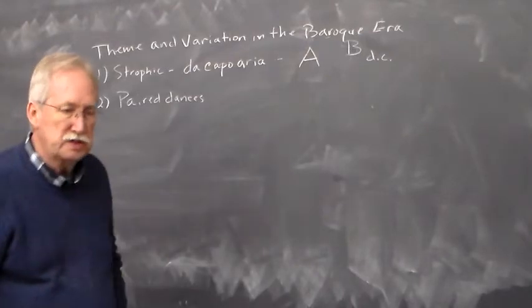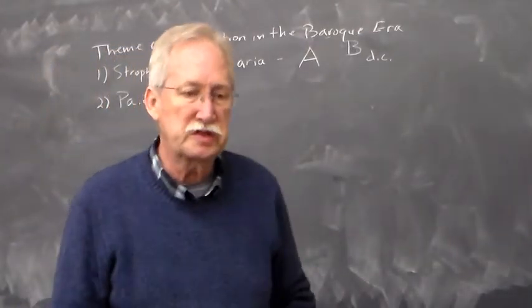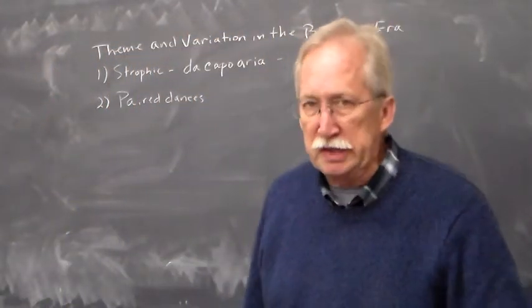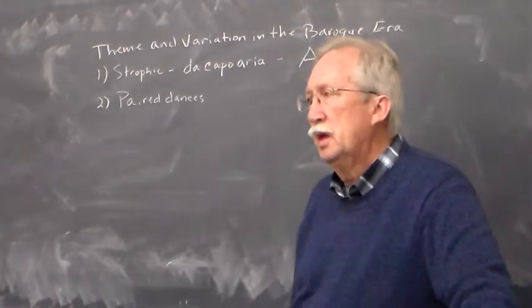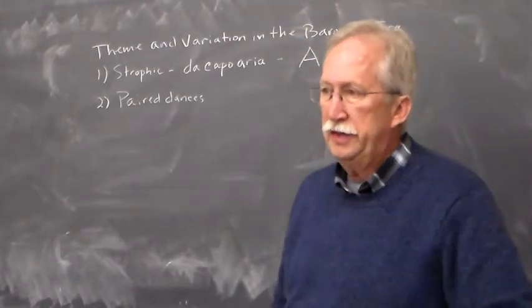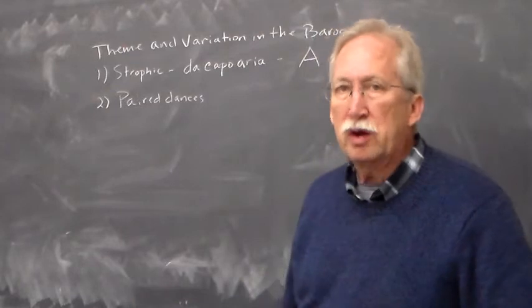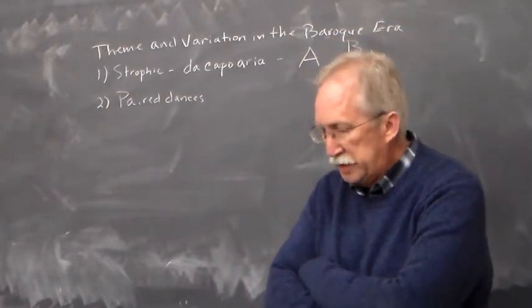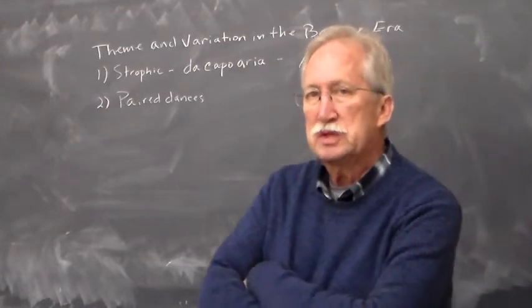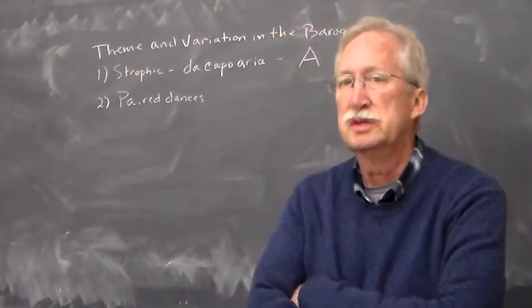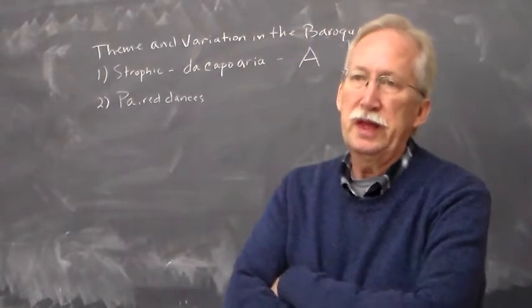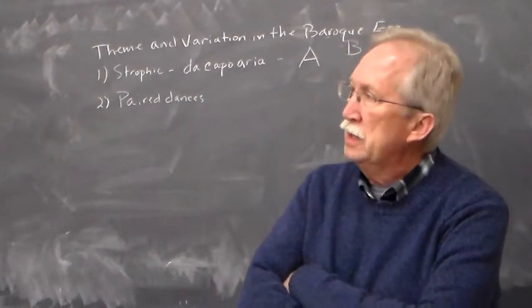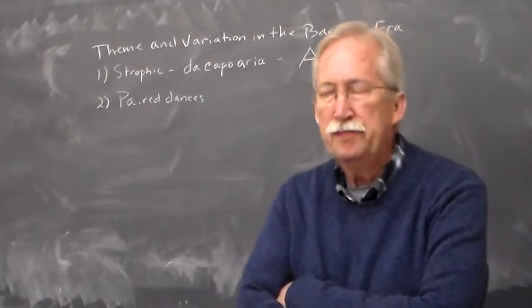So as you know, the dance was a really important source for instrumental music in the Baroque. And toward the second half of the Baroque era, you remember from Music Book that we talked a little bit about the Sonata da Camera of Corelli, which was a collection of dances. And you remember that the dances were in binary form.